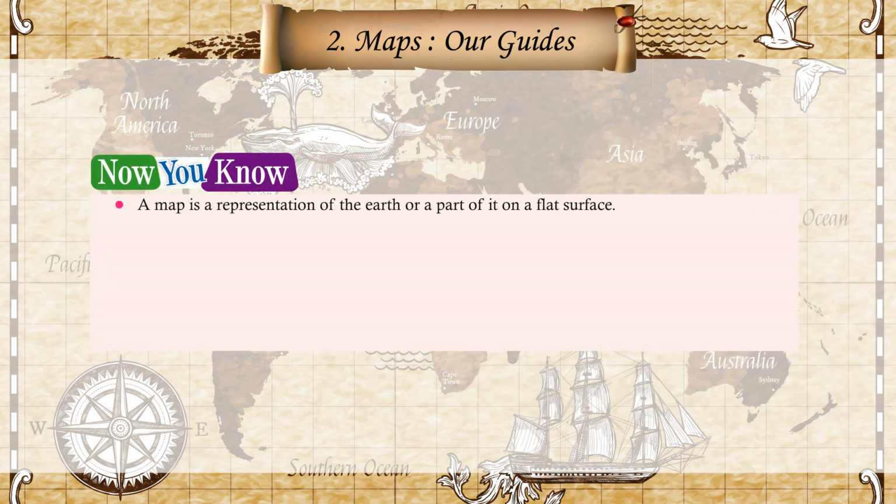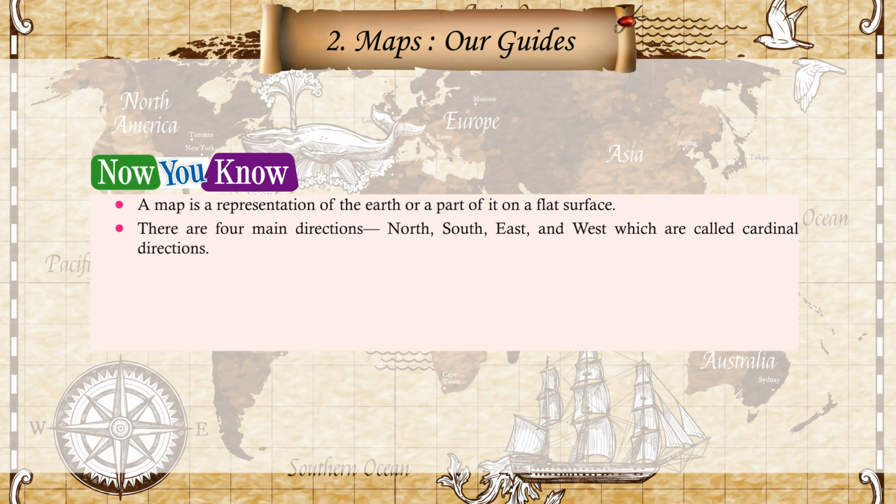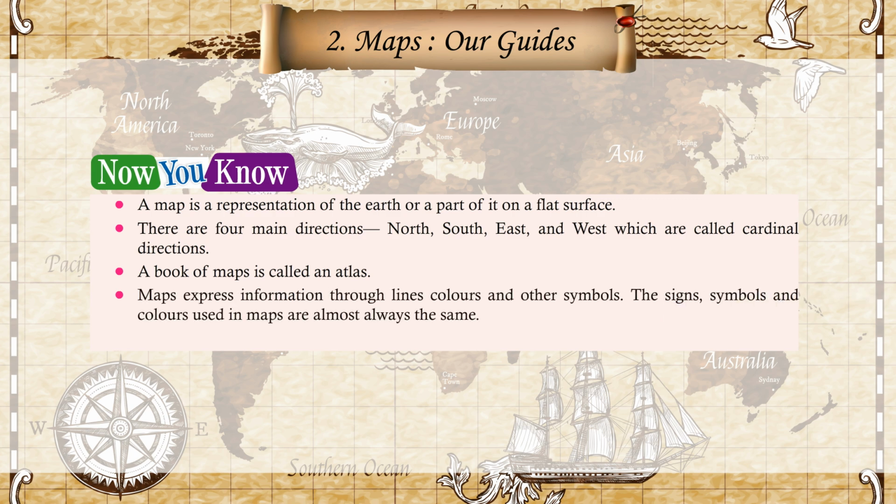Now you know a map is a representation of the earth or a part of it on a flat surface. There are 4 main directions: north, south, east, and west, which are called cardinal directions. A book of maps is called an atlas. Maps express information through lines, colors, and other symbols.